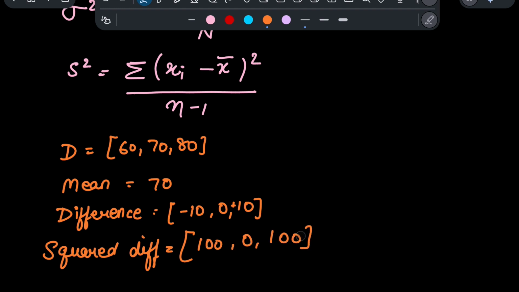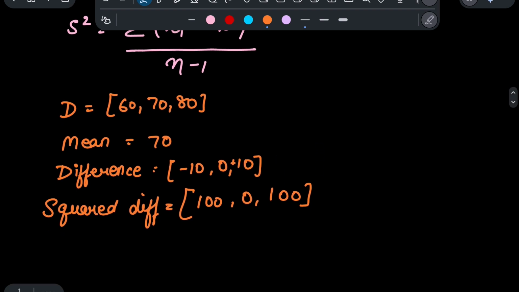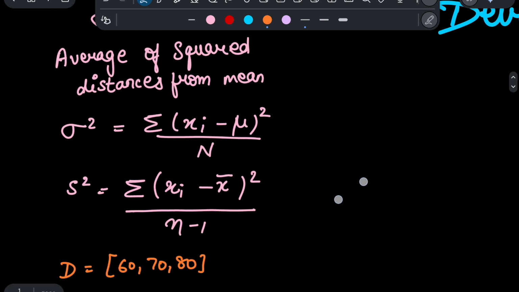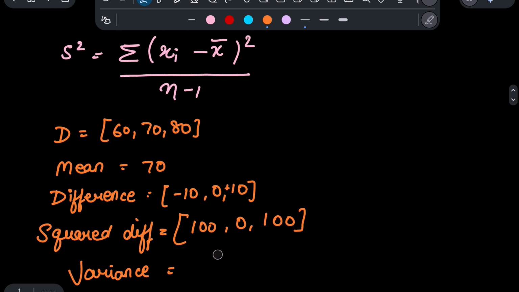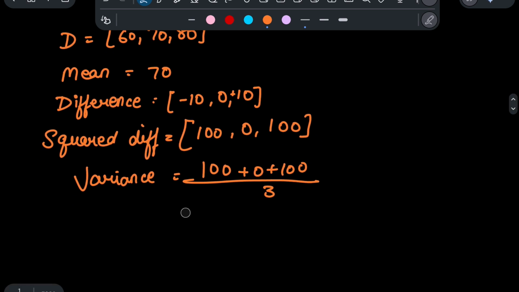Now what would be its variance? By the definition I gave, it is the average of the squared distances from the mean. Are these squared distances? Yes. So we will take just the average of these: 100 plus 0 plus 100 divided by 3, which is 200 divided by 3, which is 66.7.